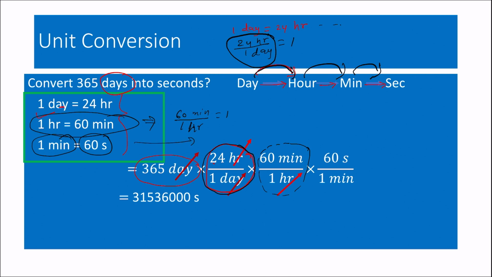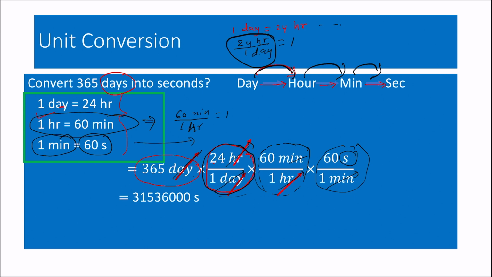So this can be written as 60 seconds divided by 1 minute, because this is equal to 1, this is equal to 1, this is equal to 1. If you multiply 365 days by 1, it still gives 365 days, but we are dealing with the unit. So this day and this day cancel, this hour cancels, this minute cancels, only seconds are left here.